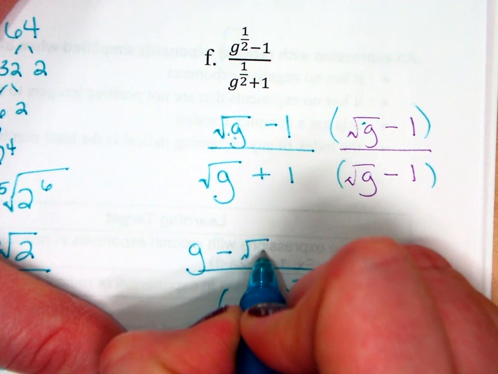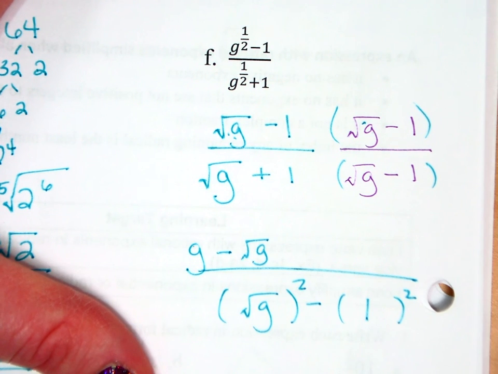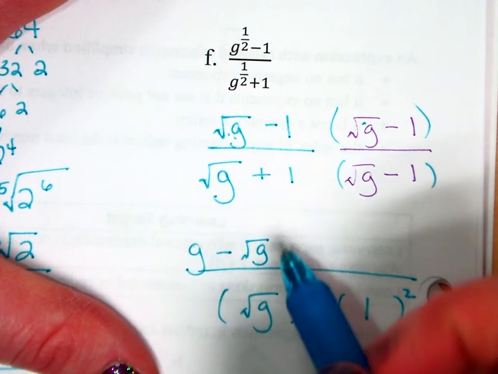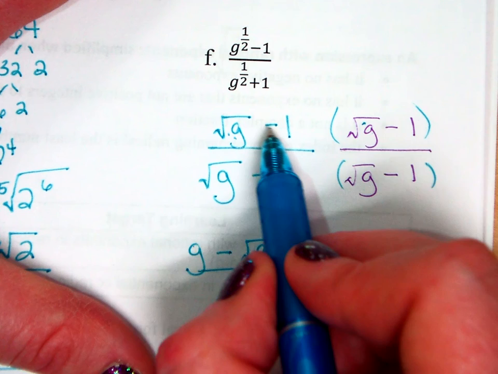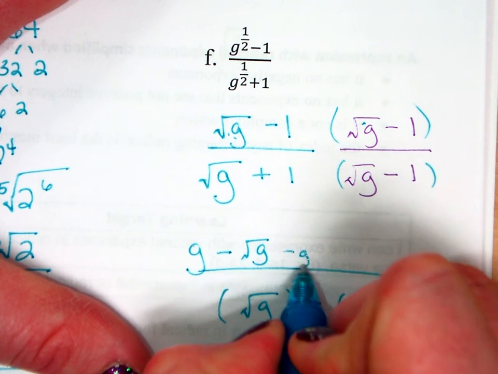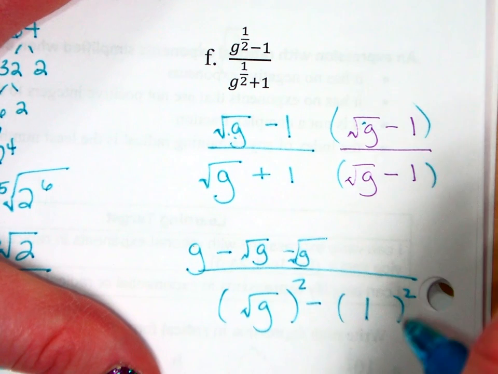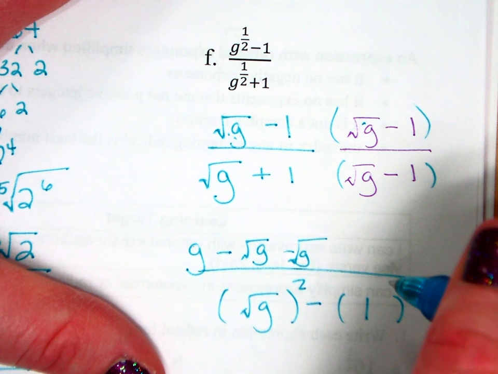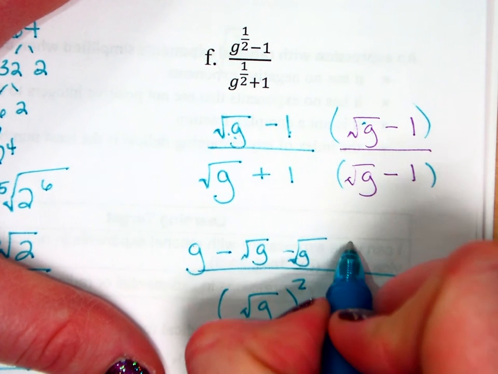Square root of g times the negative 1 is a minus square root of g. I might have done this wrong now that I think about this from the other class. Square root of g times this one is a minus square root of g. Oh, I did do this wrong. That's okay. 1 times 1 is plus 1.